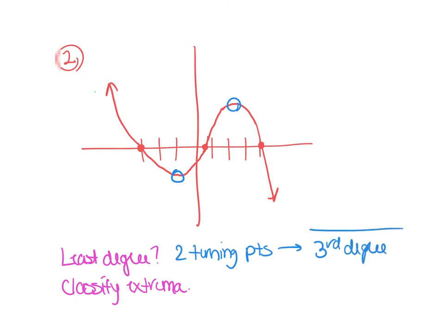If I just asked you what's the possible degree, you could list 3, 5, 7, 9, anything odd, but it has to be greater, okay? Now the last part, we're going to classify the extrema. So let's look at the low one here, the valley, okay? So we know it's a minimum, and what you have to decide is it a local minimum or an absolute, okay?